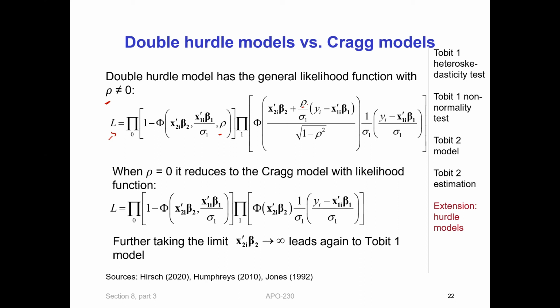So for that, they set rho equal to 0, and it's down to this type of likelihood function. And now if you take the limit of x prime beta 2 over here and over here to infinity, it will reduce again to the Tobit 1 model, meaning the same set of explanatory variables explains both participation and intensity. Yeah? So that's just very general information, no need to go deeper in there, don't worry.